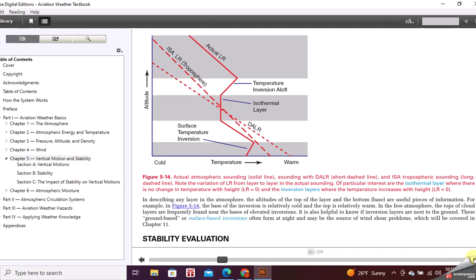Say the lapse rate of the air around it is, we'll say, 8 degrees per 1,000 meters. That air parcel, 1,000 meters up, is going to be 1.5 degrees warmer than the surrounding air. Being 1.5 degrees warmer, it wants to accelerate up. So there's an actual acceleration of that air parcel due to it being unstable.